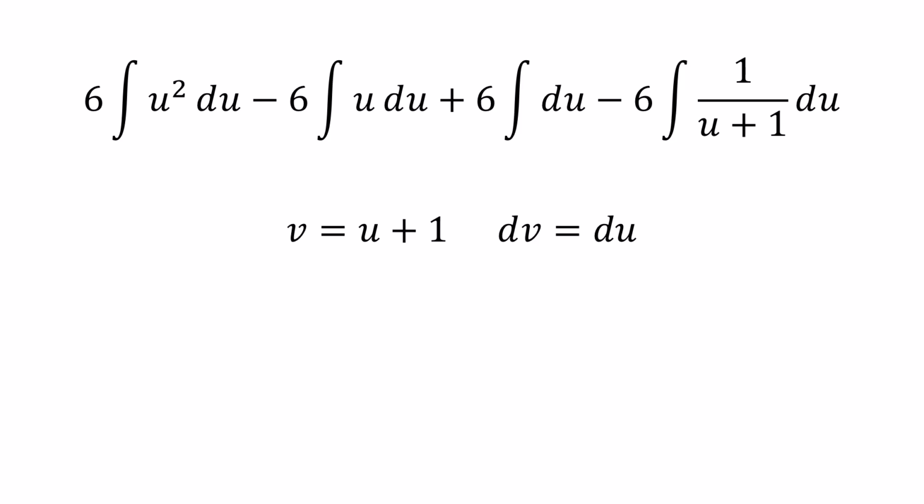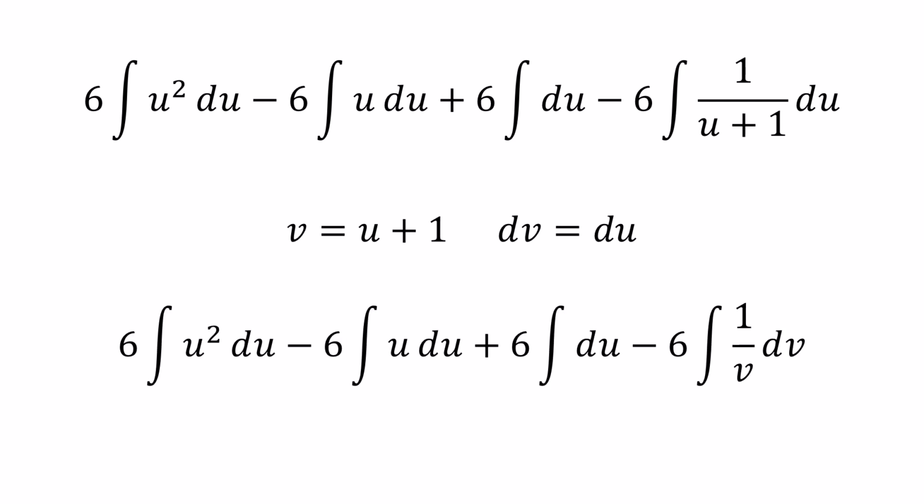The differential is then dv equals du. Plugging into the last integral then gives 6 integral u squared du minus 6 integral u du plus 6 integral du minus 6 integral 1 over v dv.